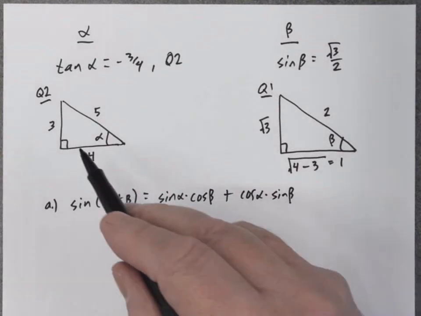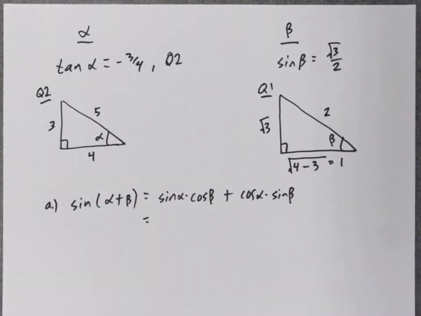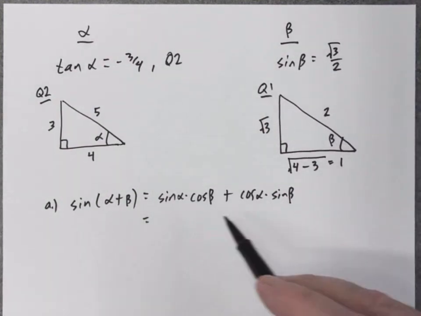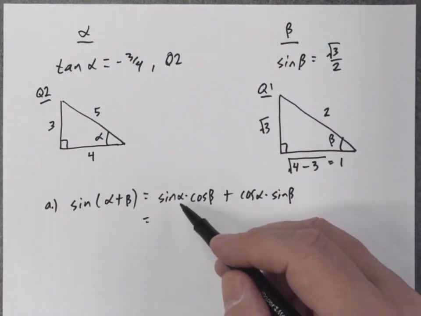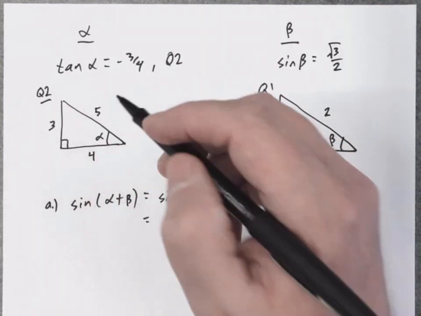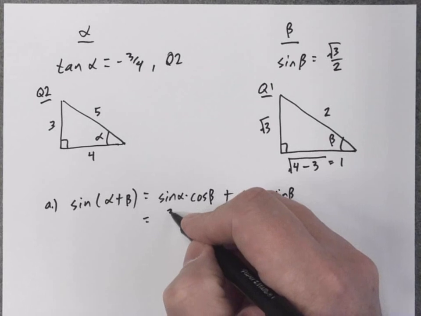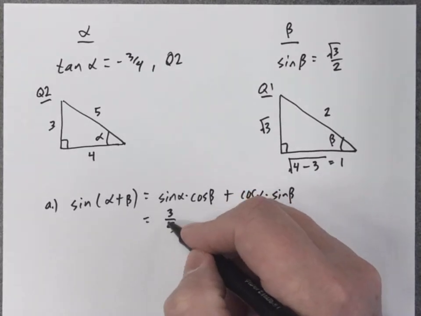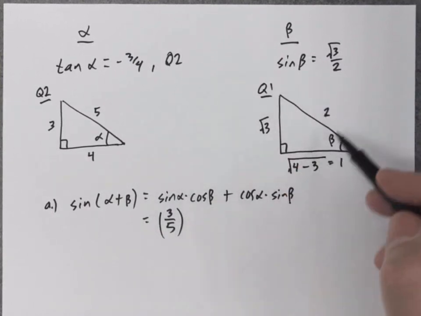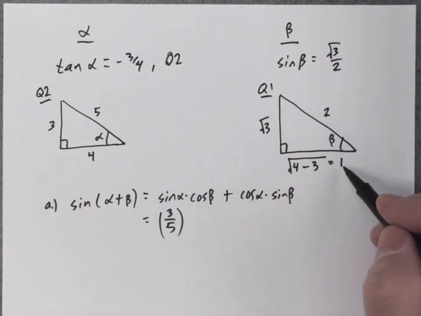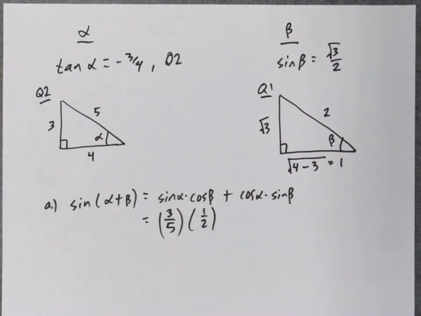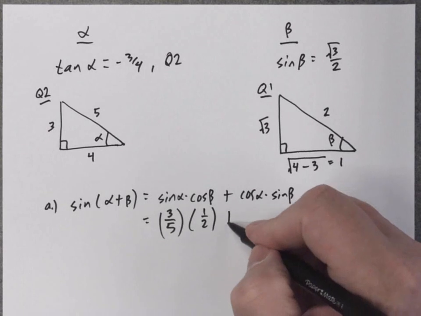Now here's a right triangle for alpha, here's a right triangle for beta, and I can just go get the values. Sine of alpha, opposite over hypotenuse, I'm in the second quadrant, sine is positive, so there's the sine of alpha. Cosine of beta. Here's my beta triangle. Cosine, so CA, adjacent over hypotenuse. In the first quadrant, cosine's positive, so there we go.